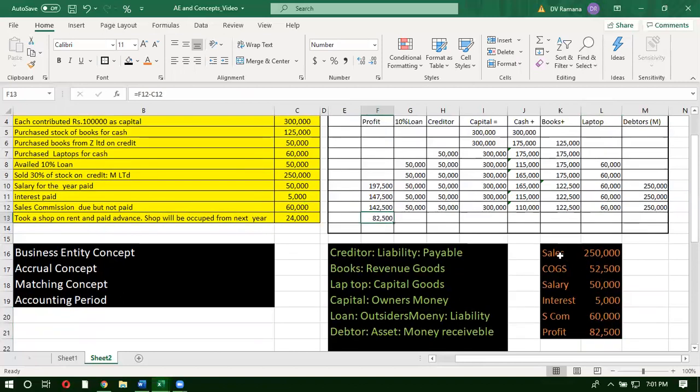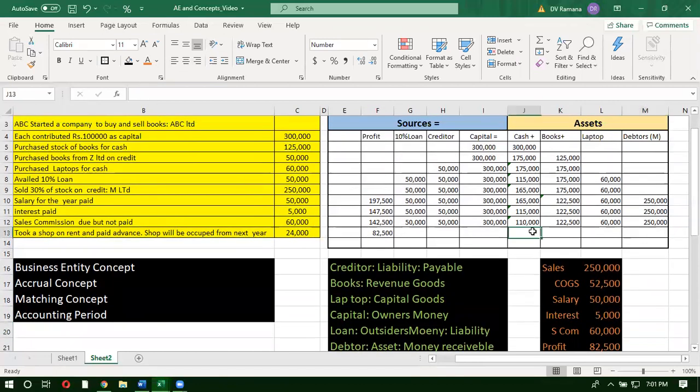Profit is equal to sales minus expenses, and the sales is 250, expenses being COGS, salary, interest, and commission. But did you pay money? No, the company did not pay. If it is not paid, why should we record it? Because of the accrual concept.